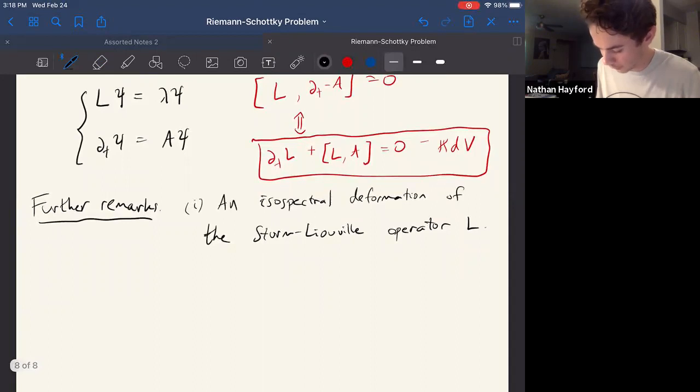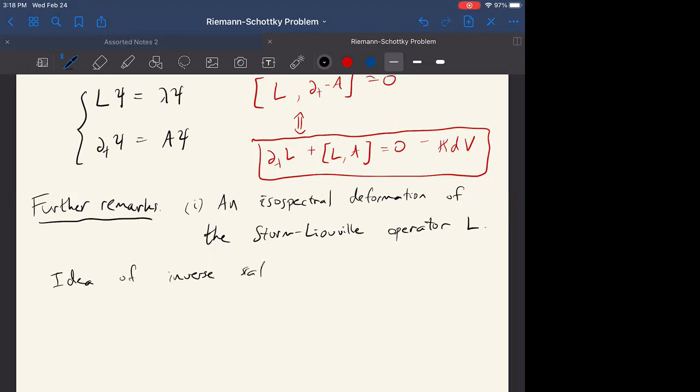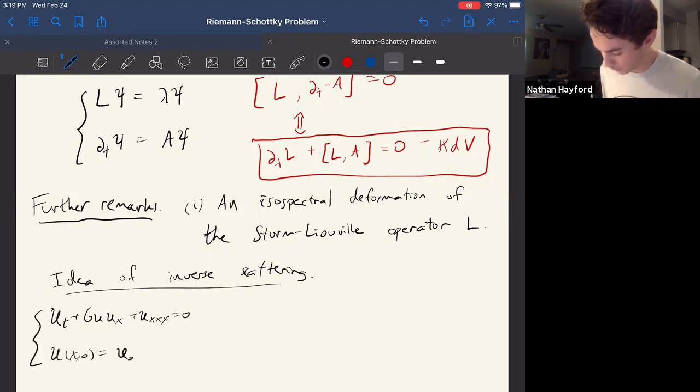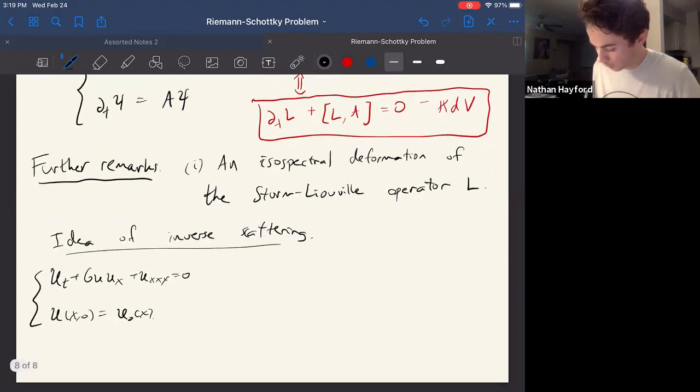So, an idea about how to solve this system of equations. What Lax and a bunch of people at the time were very interested in doing, it's a whole industry. Dr. Ma can tell you all about it. So the idea of inverse scattering: you want to solve the initial value problem u_t + 6 u u_x + u_xxx = 0, subject to the initial condition that u(x, 0) is some given function u_0.